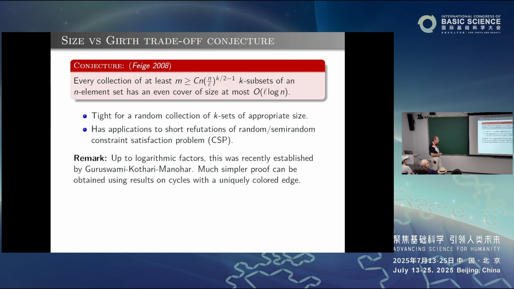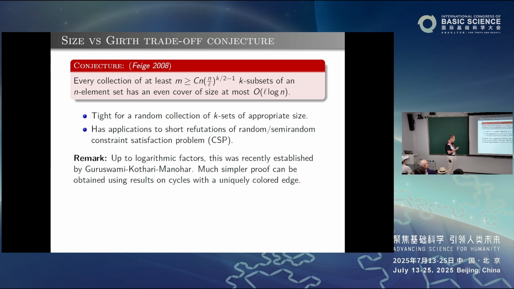Now, this conjecture was recently solved by Goswami, Kothari, and Manohar, at least up to some logarithmic factors, but the original proof was quite heavy. In particular, they needed some results on eigenvalues of random matrices, something called the non-commutative Khintchine inequality.